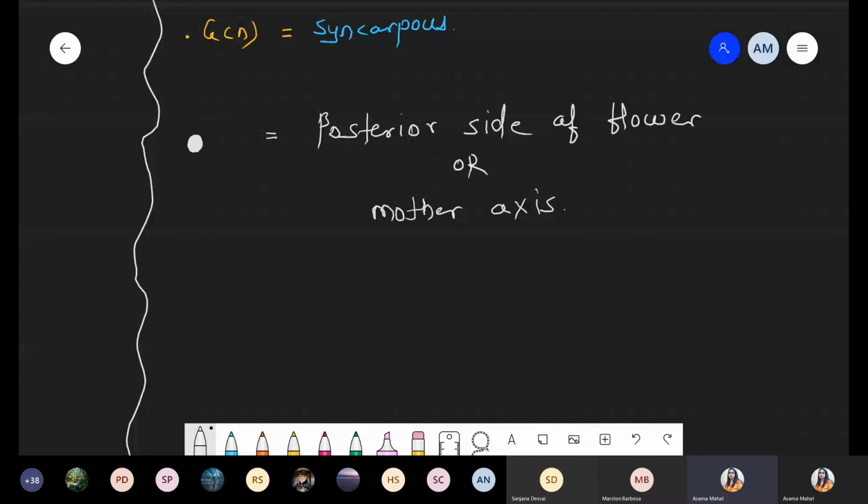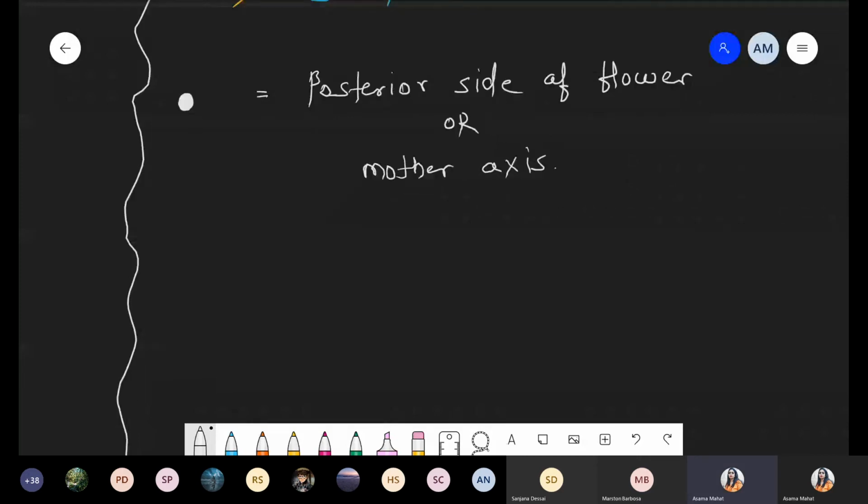So the next condition we are talking about is position. Just assume these are the part of the axis, that is the floral axis. Now from the floral axis there is the origin of the flower. So now this is a very beautiful attractive flower.